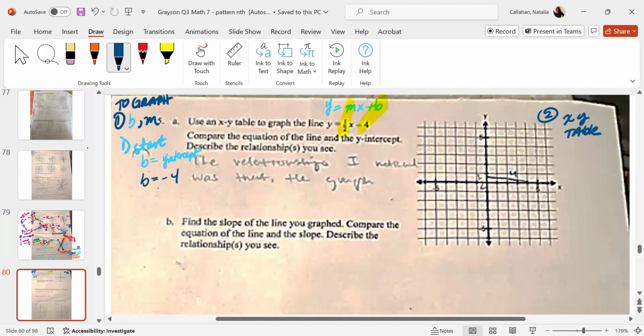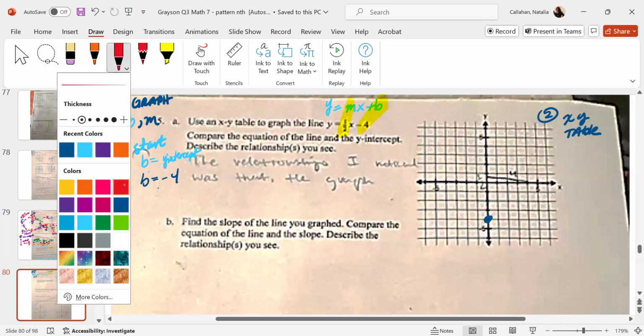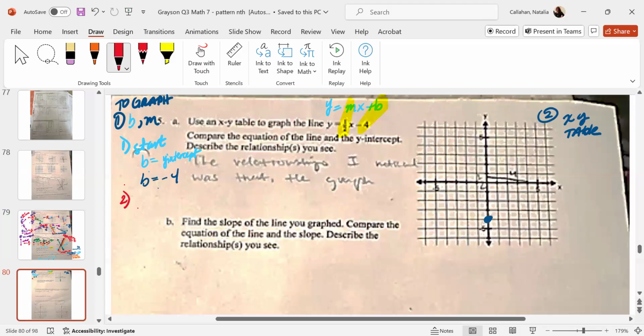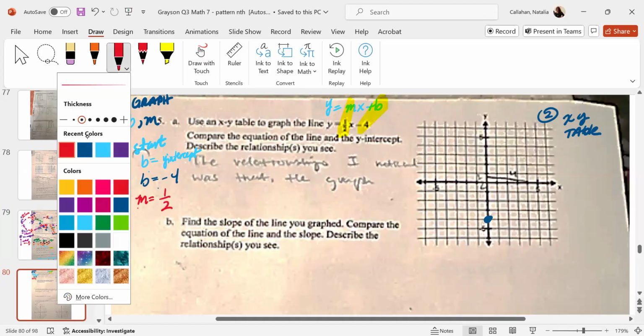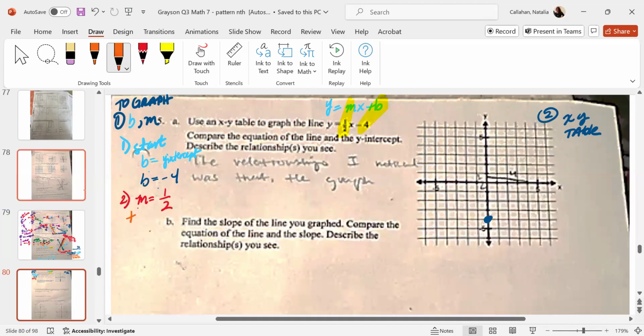Now graph -4 on there. Always on the y-axis, right? Second step. What do you look at? Which is always in front of the x. So what is that? Is it positive or negative? So if you know it's positive, you know it's gonna go in this direction, right? Which means you go up 1, over to the right 2.